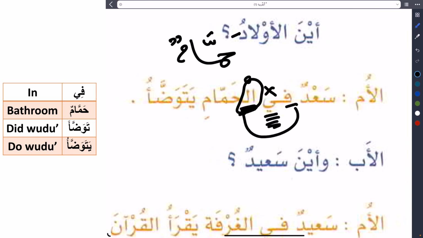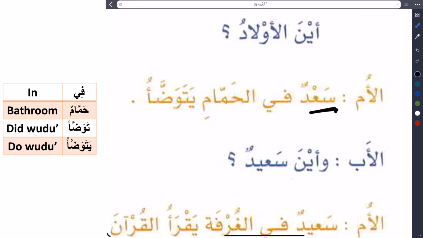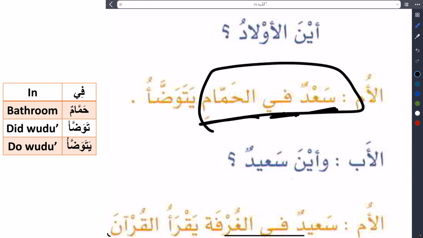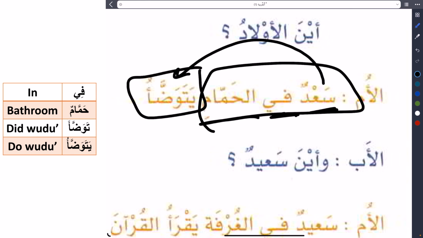And we said an important sentence. Where is the bathroom? Ayna al hammamu. So here Sa'dun is in the bathroom. He is doing wudu.